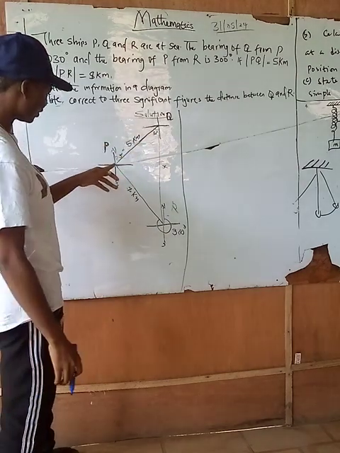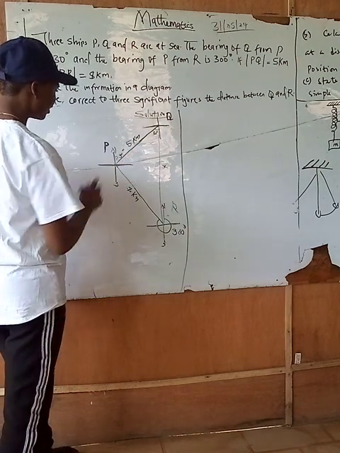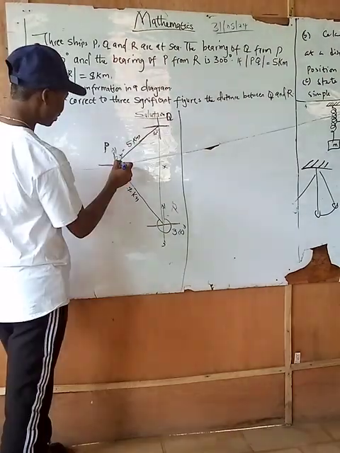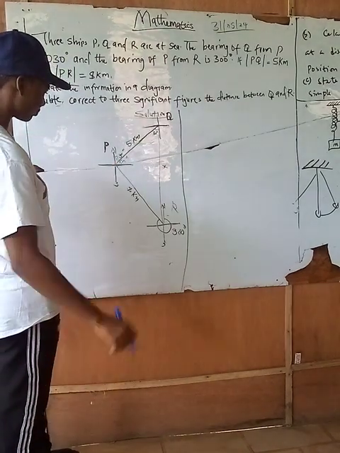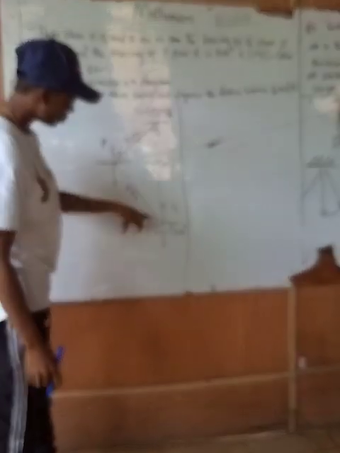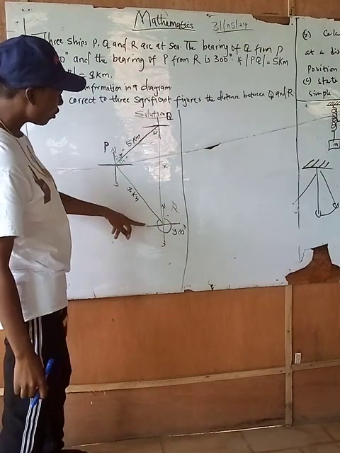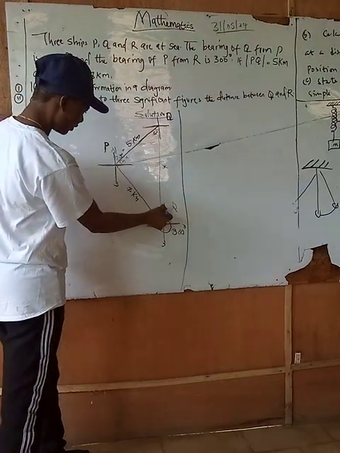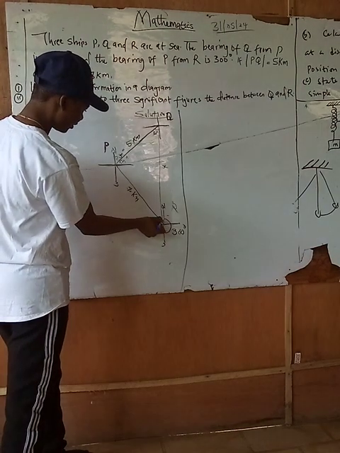Now, from here to here is 90. When you subtract 30 from 90, you have 60, right? Now this place is 60 degrees. Now from your point R to this place is 300, right?